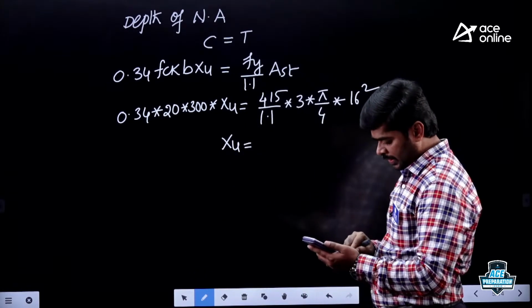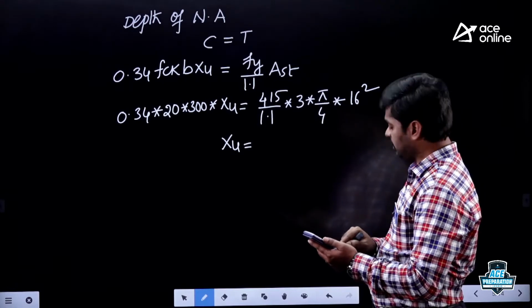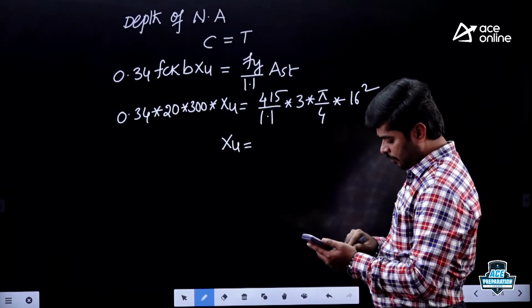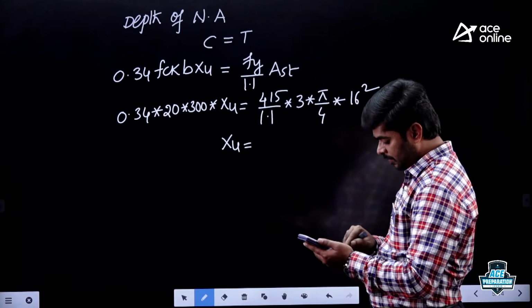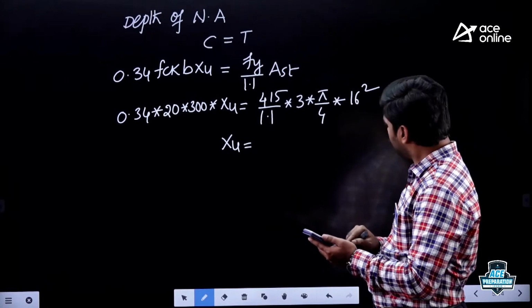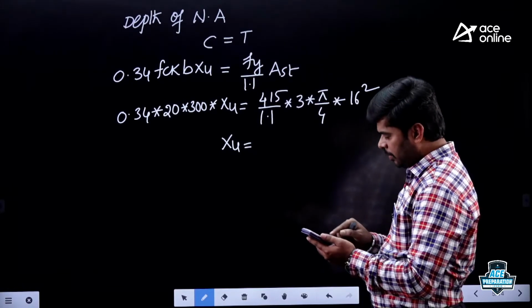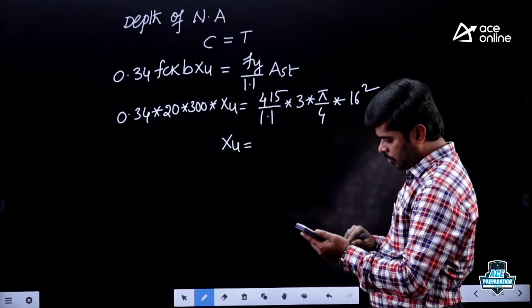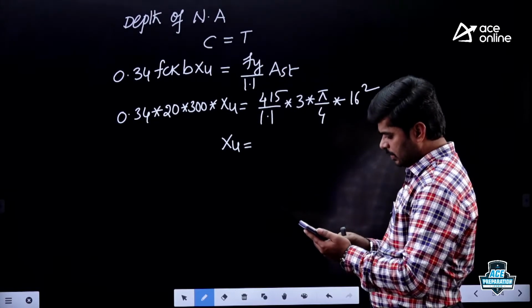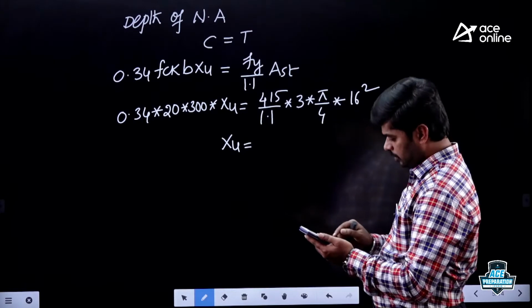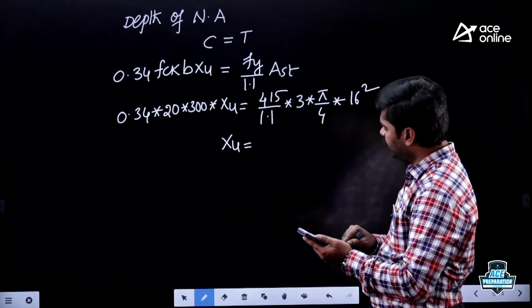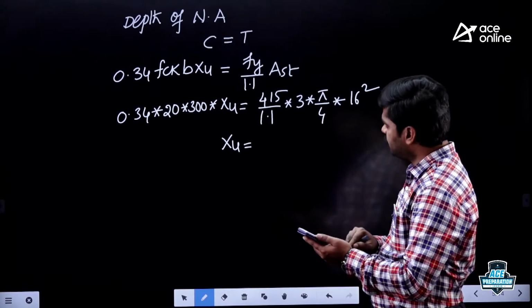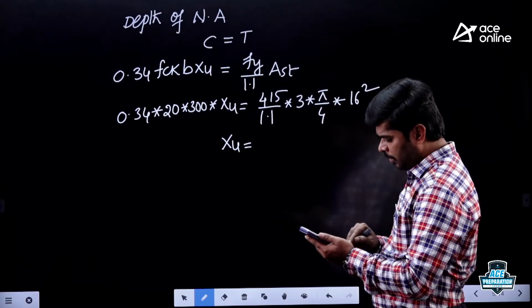That is 415 upon 1.1 into 3 numbers of 16 mm diameter, its area will come around 201, upon 0.34 into FCK 20 into B will be 300.